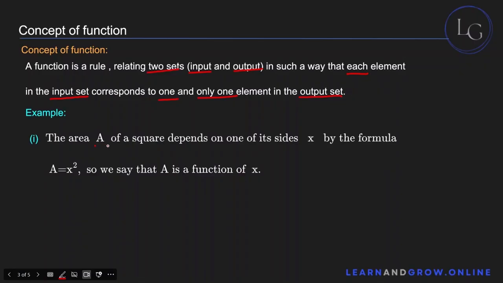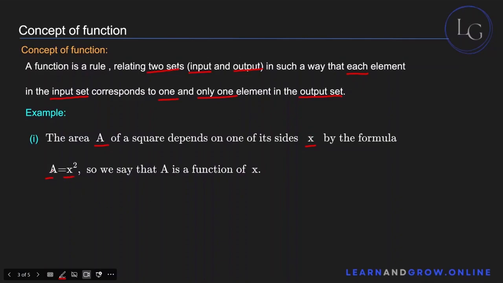A is the output, and it depends on the side of the square, right? Because the area of a square is the length times the length of the square. So A is equal to x square, since one side is x.